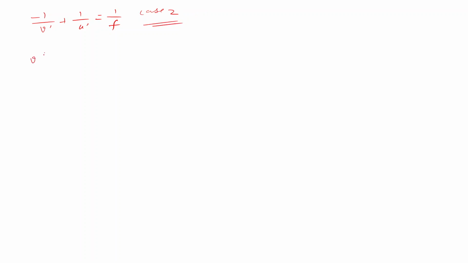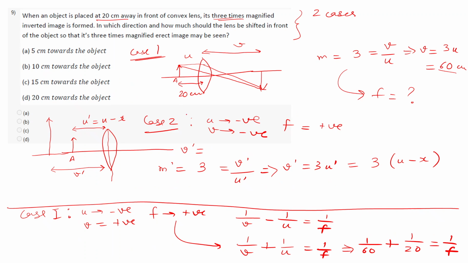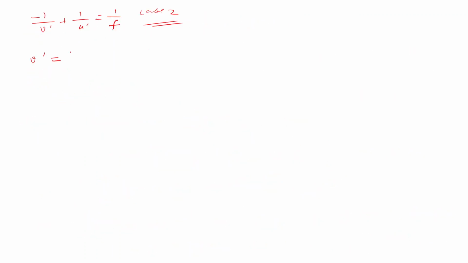Now here V prime is 3 times U minus x. U prime is U minus x. And F is 15 centimeters.